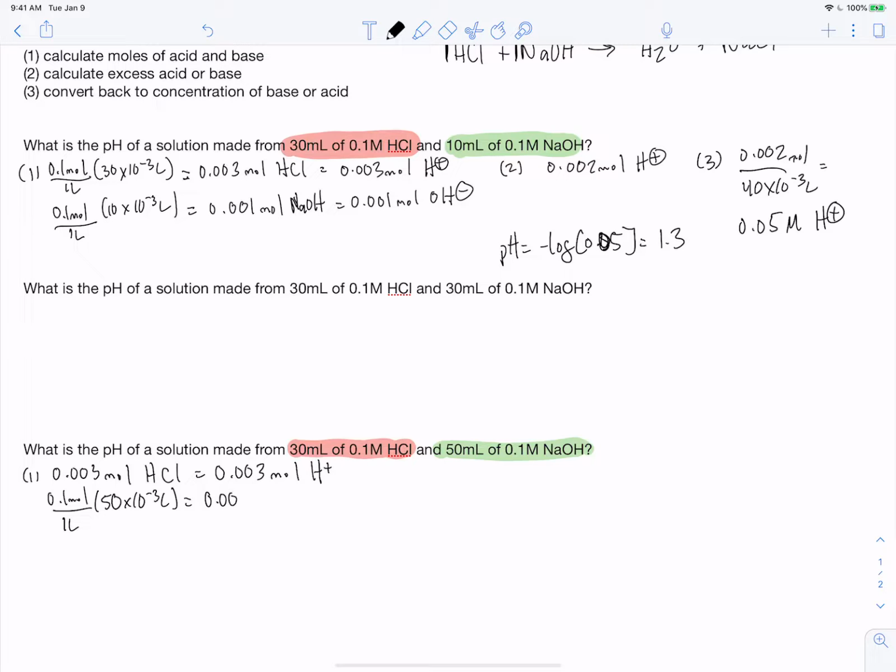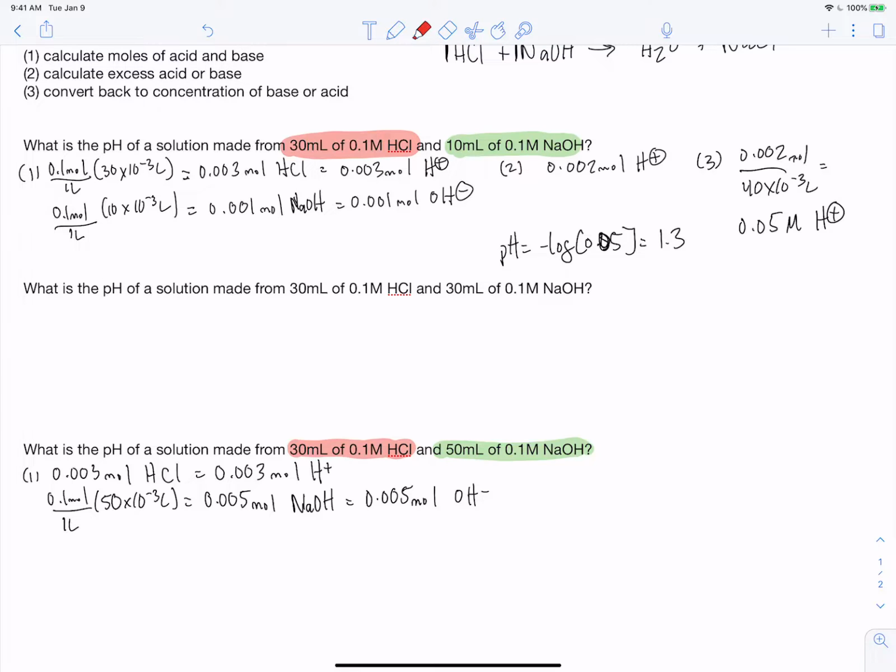And we get 0.005 moles of sodium hydroxide, which is equal to 0.005 moles of hydroxide, because it's a strong base, so they're equal.